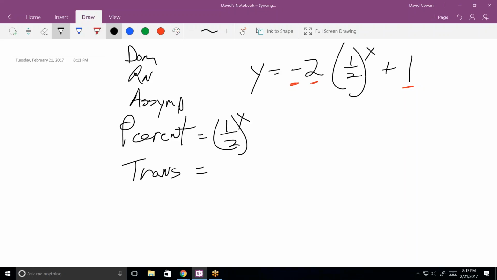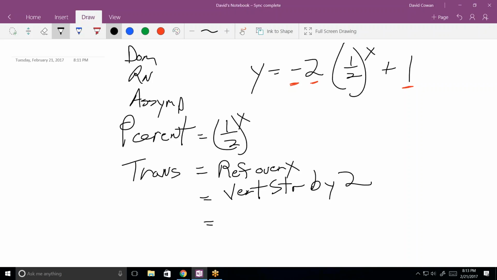A reflection over the x-axis. What's the consequence of the 2? A vertical stretch of 2. And the consequence of the +1? A vertical shift up 1.